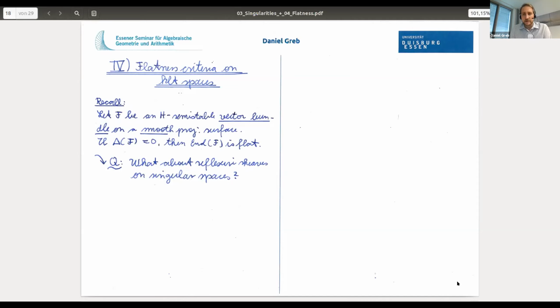Namely, I'm looking at vector bundles only, so locally free sheaves, and I'm on a smooth surface. Yeah, so if the discriminant of F is 0, then the theorem is that the endomorphism bundle is flat. And so the question is, what about reflexive sheaves on singular spaces?